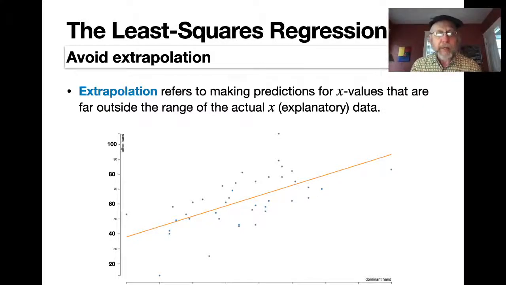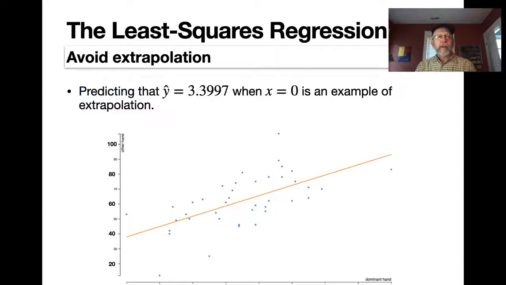And, thinking about, for instance, the y-intercept, that corresponds to an x value of 0. 0 is very far outside the range of the actual data that we have. And so making a prediction for an x value of 0 would be an extrapolation. And extrapolation is to be avoided.